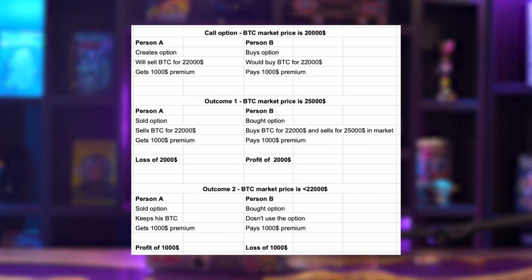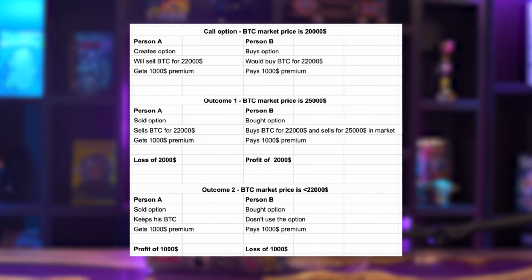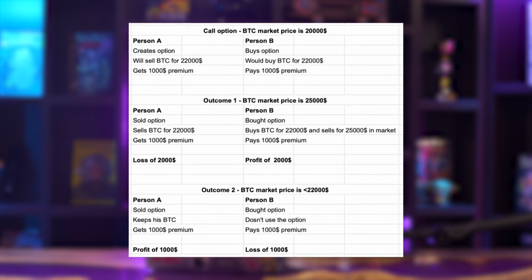The second outcome is that by the expiration time of the option, Bitcoin's market price is at or lower than $22,000. In this case, the option buyer, person B, loses money because he cannot buy this asset and resell it higher on the market, because obviously the market price is lower than $22,000.